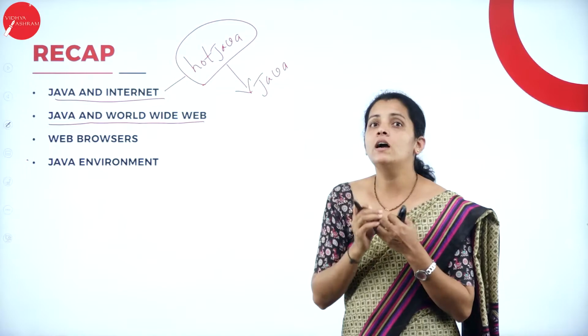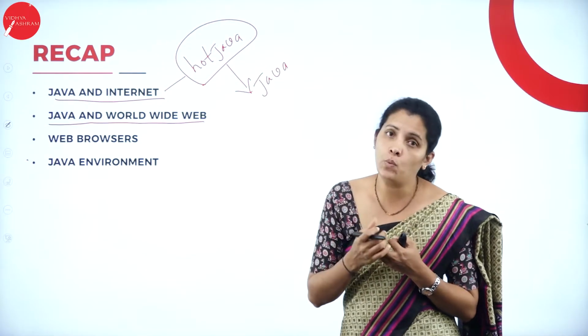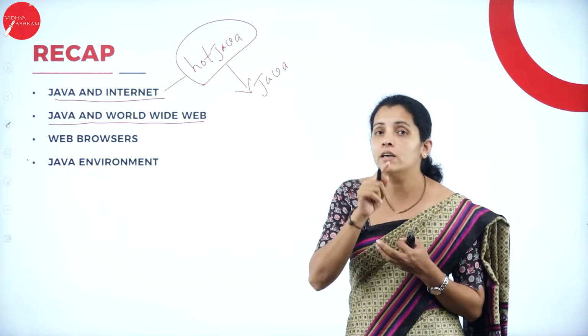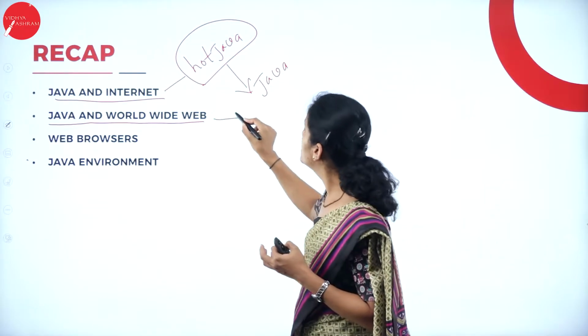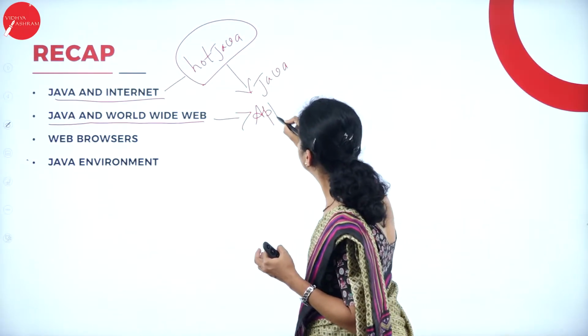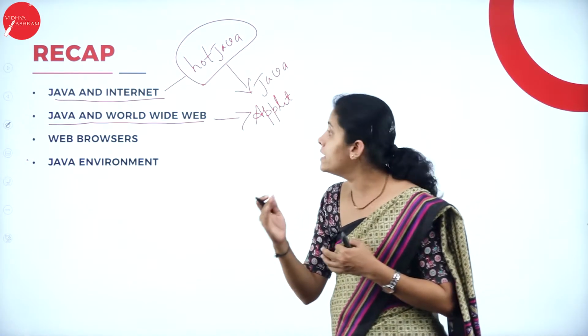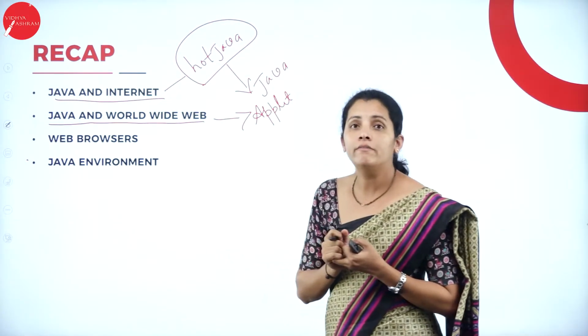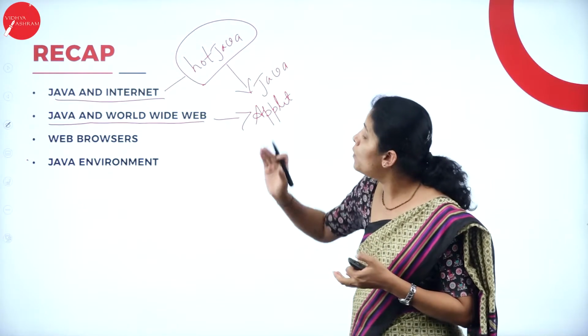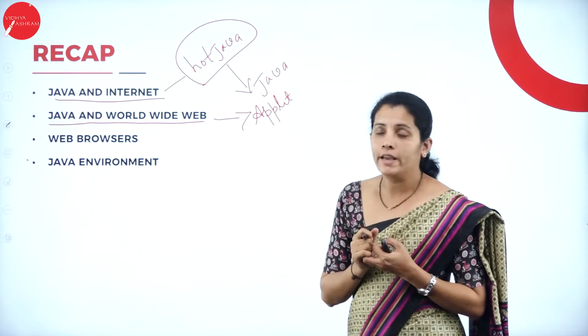That means in order to provide a dynamic working environment, here we are going to use applets in the web page. So this is the way Java and World Wide Web are interlinked with each other.